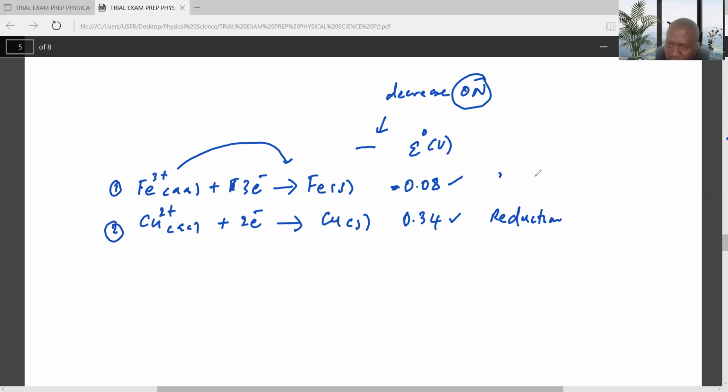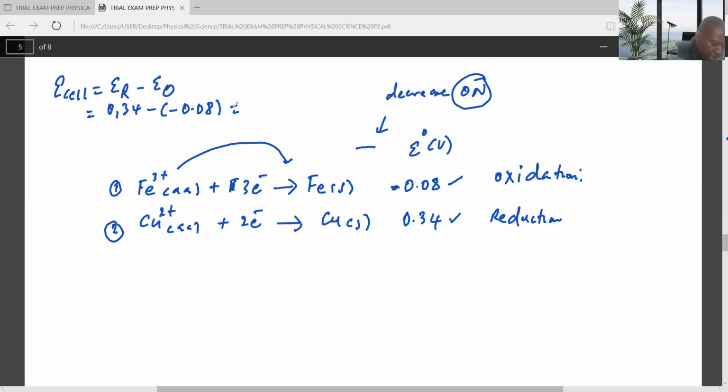Why? Because if we calculate the E cell, remember we said the E cell for a galvanic cell should always be bigger than 0. So this is going to be E cathode, or E reduction, minus E oxidation. What is the reduction here? It's 0.34 minus negative 0.88. So let's work this out.